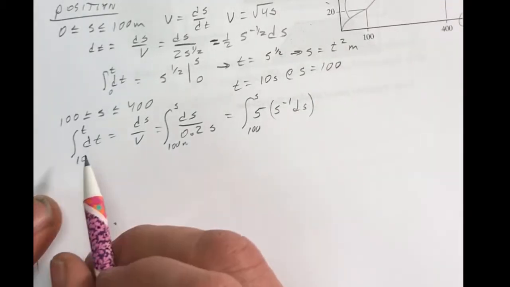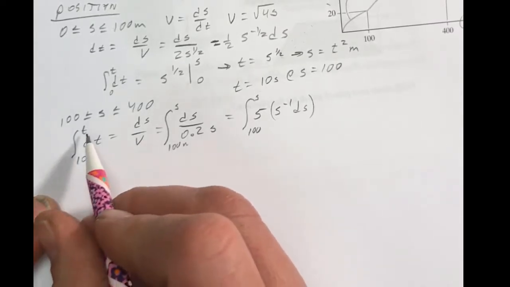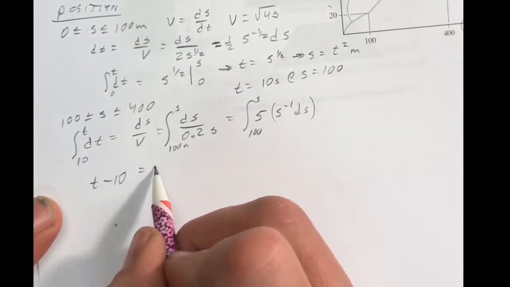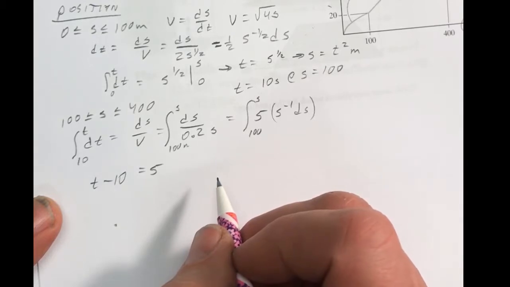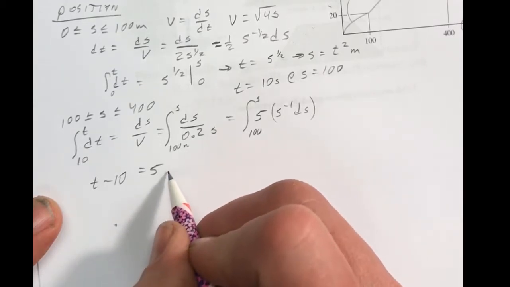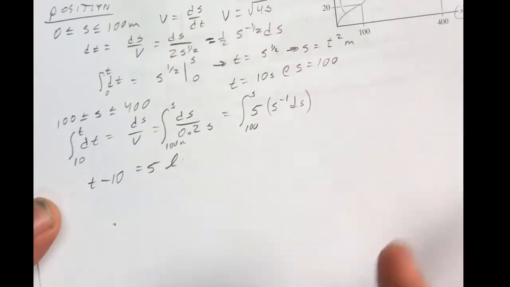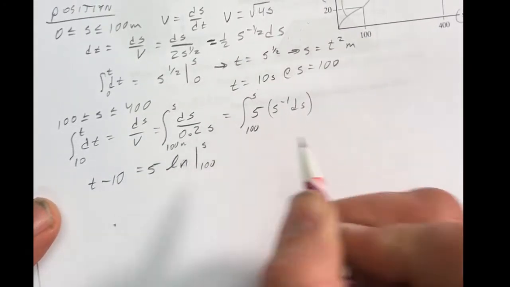So when we integrate dt, we get t. We have t minus 10 equals this integral. We can bring the 5 out, and the integral of s to the -1 is ln of s, from 100 to s.